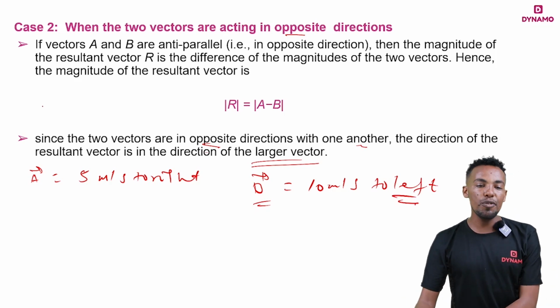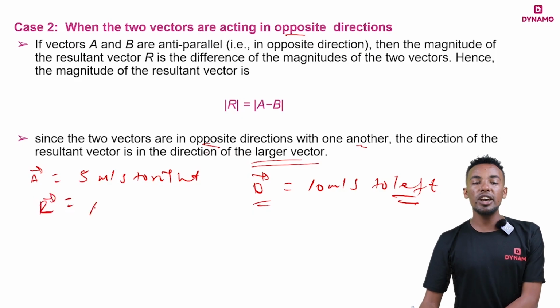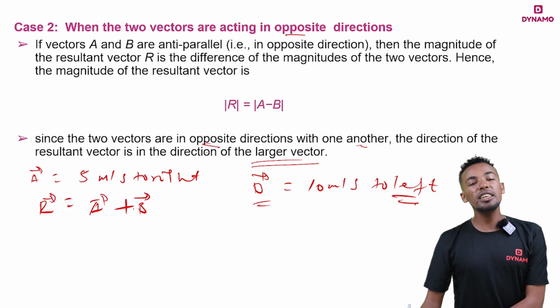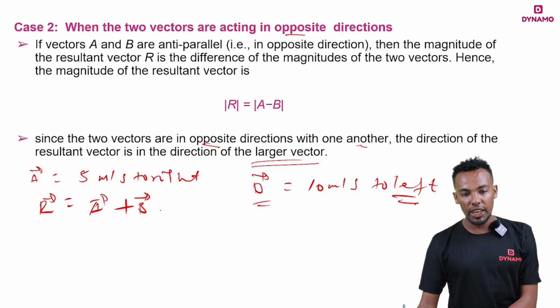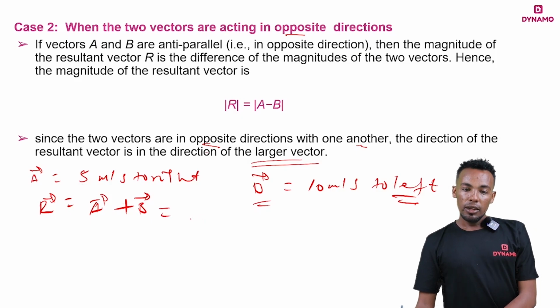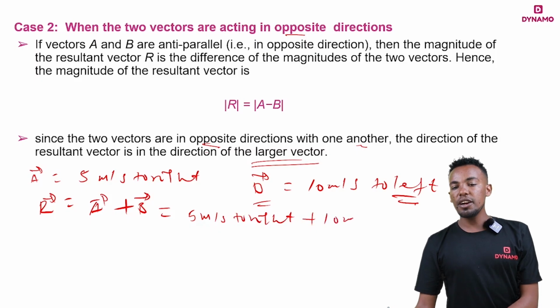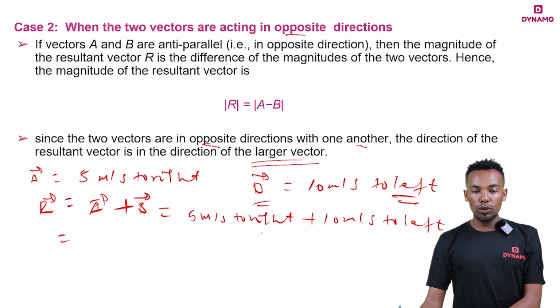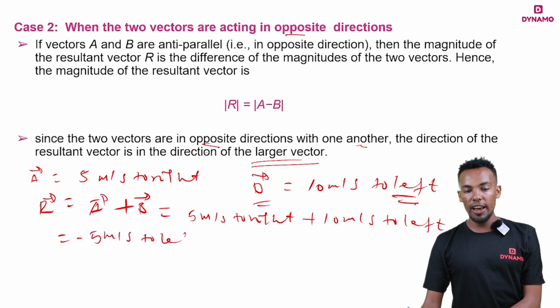Left. So if we add these two, the resultant vector is vector A plus vector B. But these have opposite direction. So to make this in the same direction, vector A is 5 meter per second to right plus 10 meter per second to left, so we make the right one minus: minus 5 meter per second to left plus 10 meter per second to left.